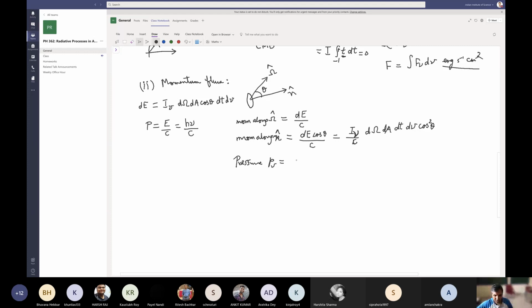That is nothing but, so this is just flux of momentum, right? So this is sort of momentum flux, and that's nothing but the above expression.